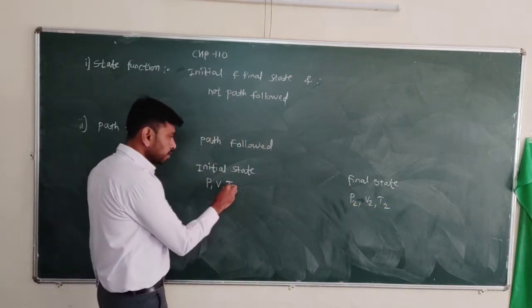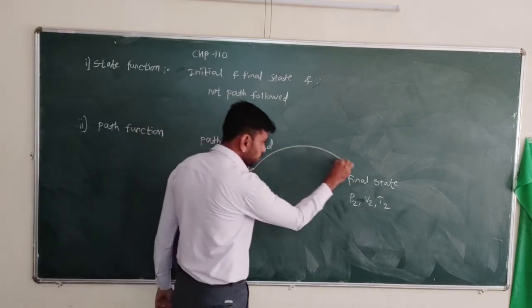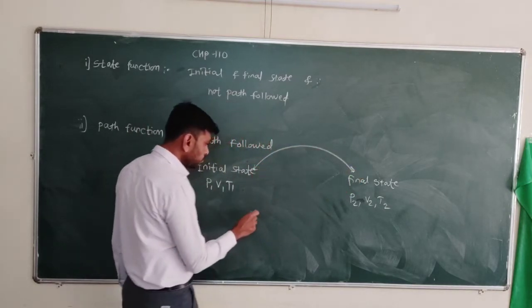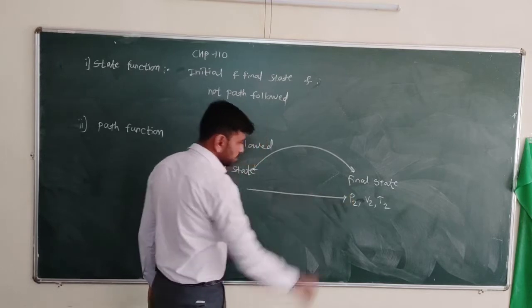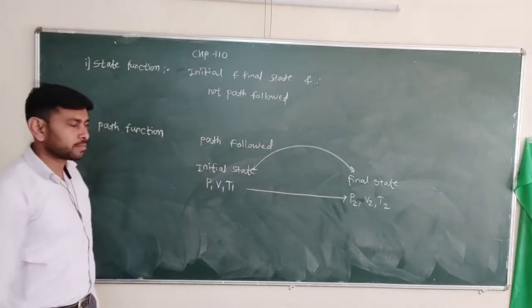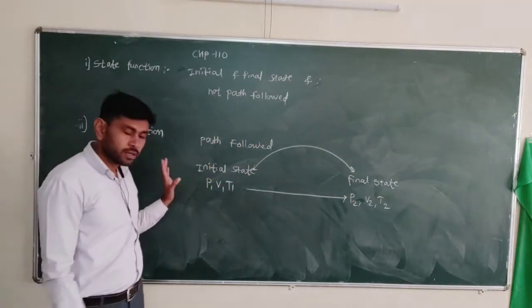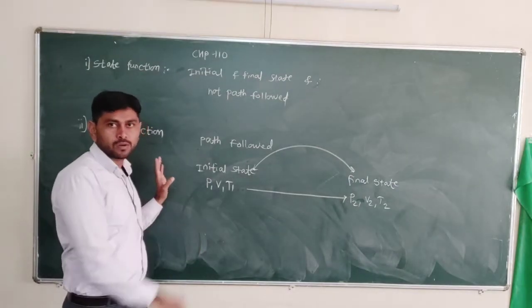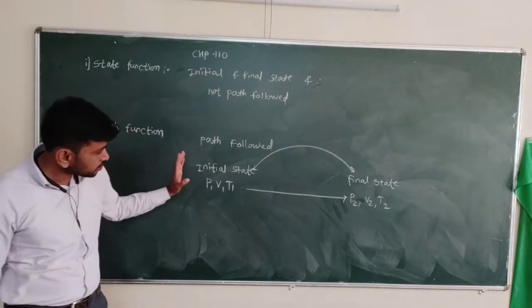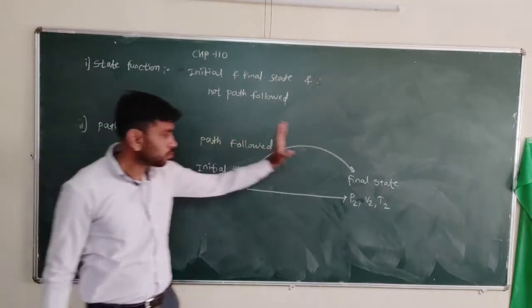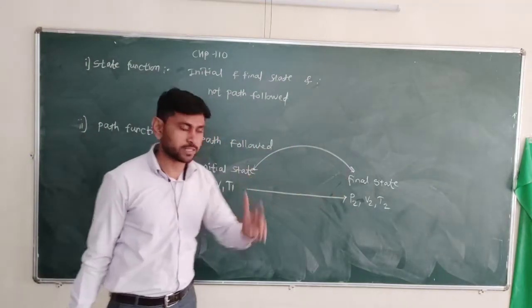So the system changes from the initial to the final state by two paths, this one path, and the other path. Suppose we consider the expansion or compression of a gas from the initial state to the final state in two ways.